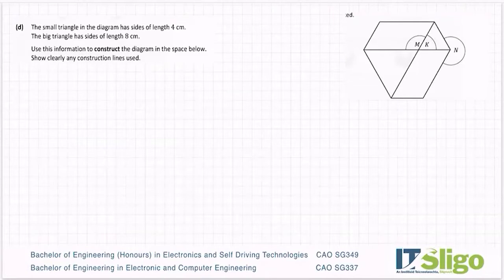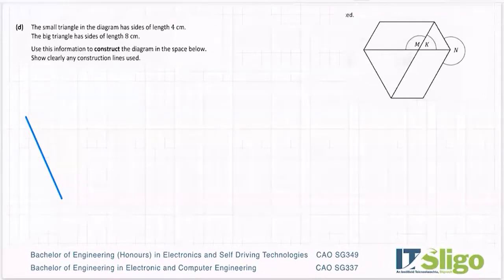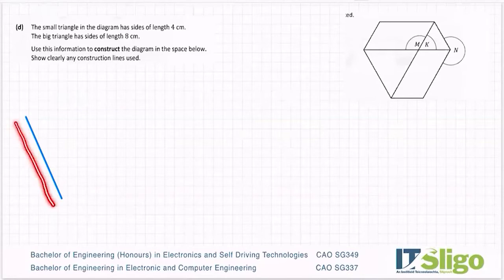So what you'll see when I do the constructions is we'll end up drawing a triangle, okay? So I'll draw a baseline here, and with this one, I will use my ruler to measure out 8 centimeters. Okay, so that's easy enough.